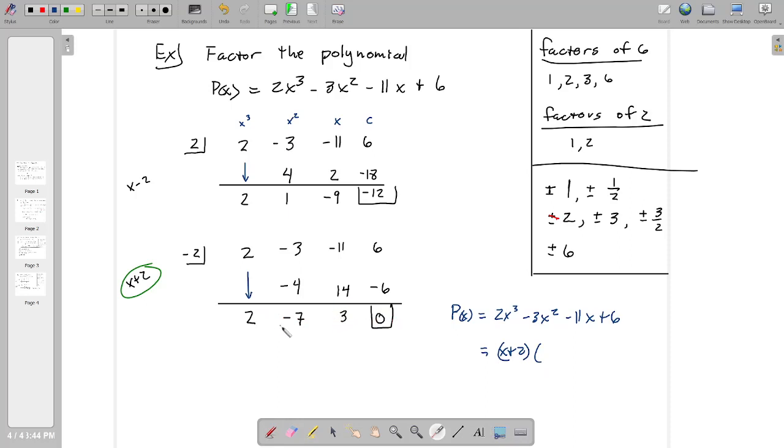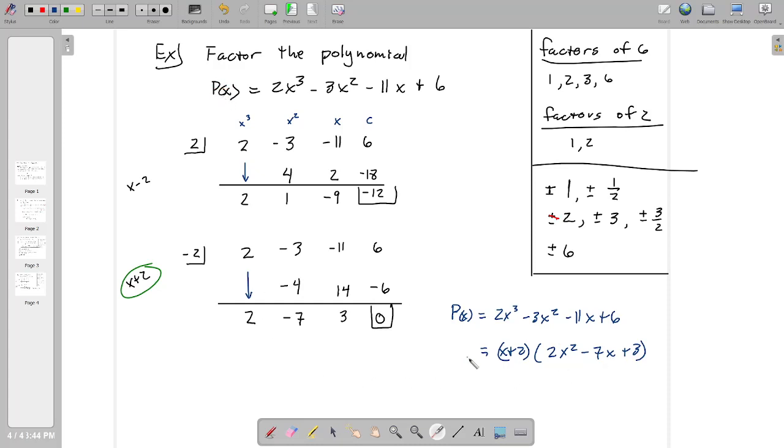This would be our constant term. This is our x term. This is x squared. So we would have 2x squared minus 7x plus 3 as our remaining polynomial, noting that x plus 2 is a factor of this polynomial. This is the quotient, right? So if we can factor this further, then we would get the full factorization of p of x.